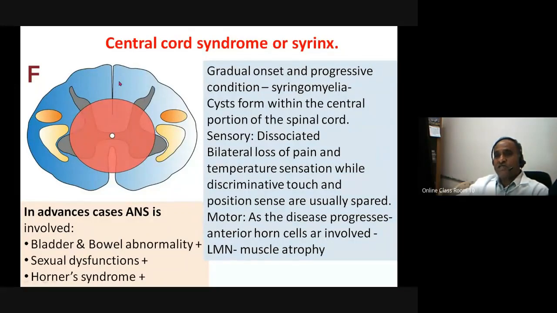So now with this large area, what is happening? It will involve mostly the gray matter here.